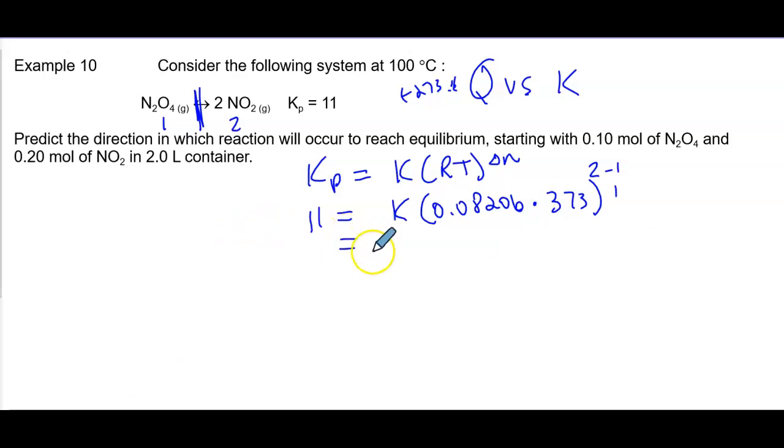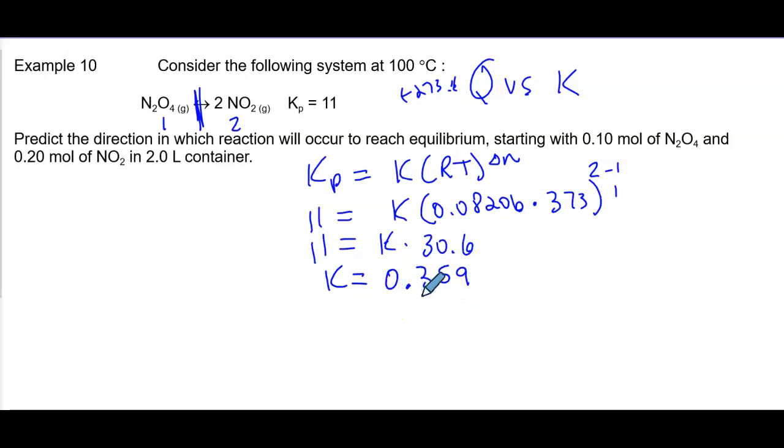Okay, so when I did that on the calculator, I got 30.6. 11 is still here, so now we're going to take 11 divided by 30.6, and I get K to be 0.359.